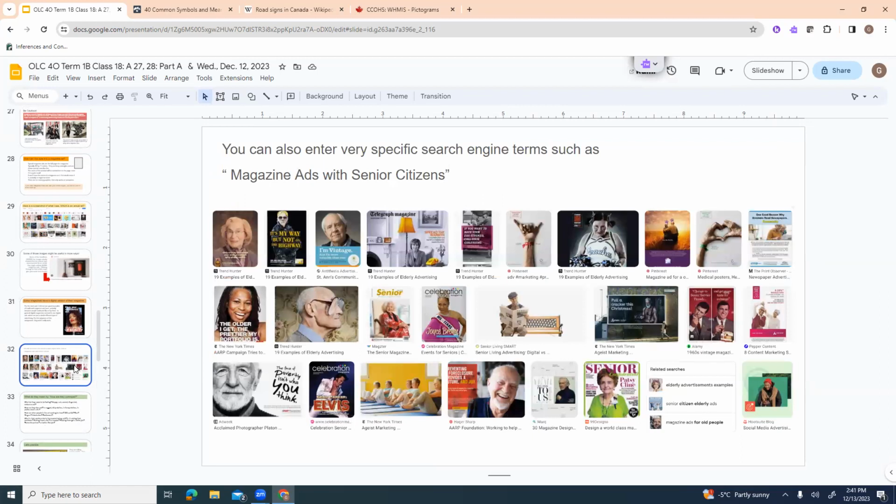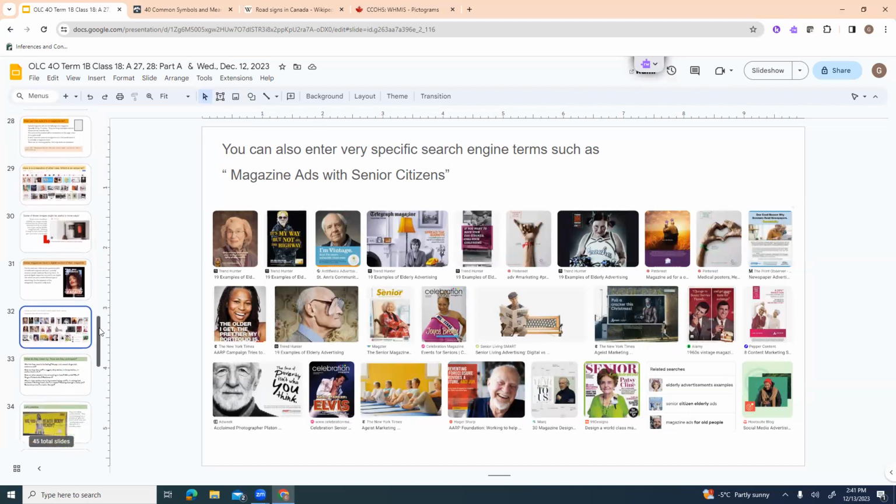You can also enter really specific search engine terms like magazine ads with senior citizens, magazine ads with teenagers, so that it can help you find specific things. You may not want to use the very first one because there's a strong likelihood that someone else will have already done that one. I'm not going to mark you down for it, but it's always more interesting to see different ones.